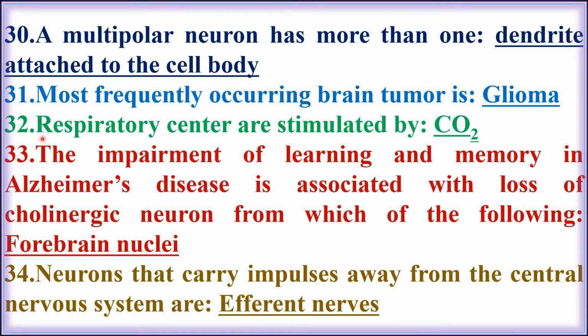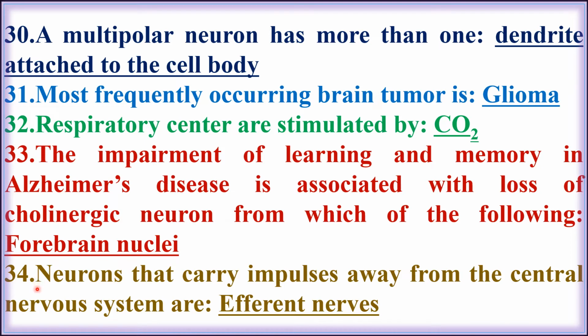Next, respiratory centers are stimulated by carbon dioxide. Next, the impairment of learning and memory in Alzheimer's disease is associated with loss of cholinergic neurons from which of the following area, that is forebrain nuclei.